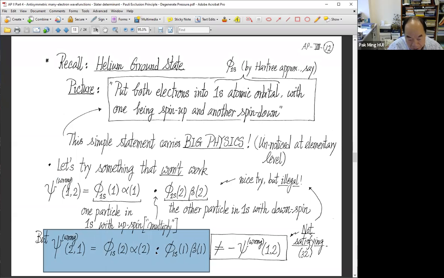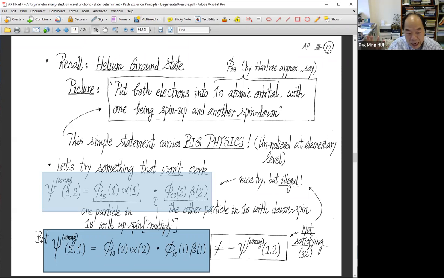Now we inspect whether this is related to this in some way. For example, is it off by a sign? No. Is it equal to the original one?